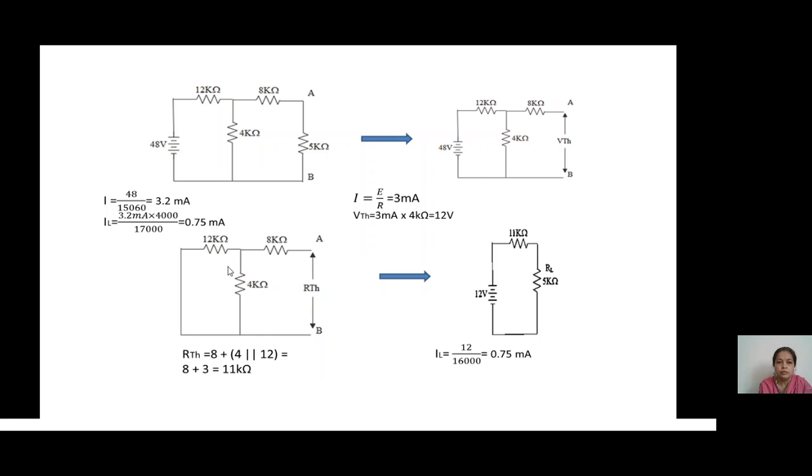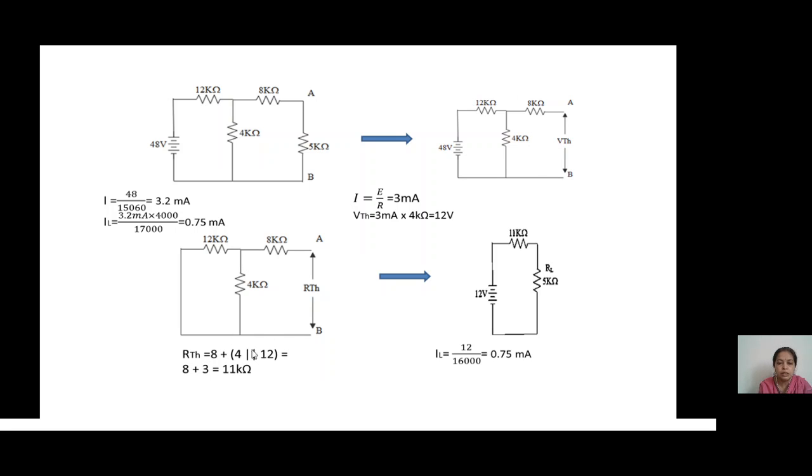So whenever we have a parallel connection, what is the formula? If R1 and R2 are in parallel connection, R1 into R2 divided by R1 plus R2. Whenever the resistances are in series, we add them. Effective resistance will be the addition of all the resistances.